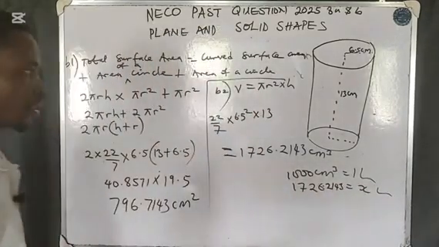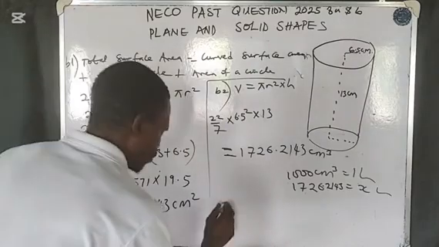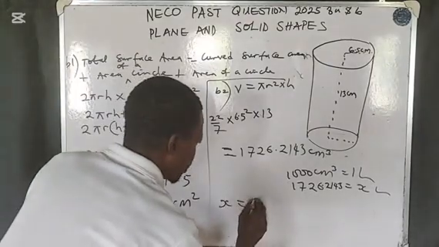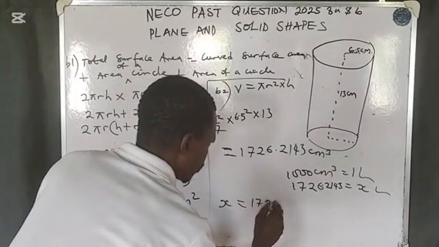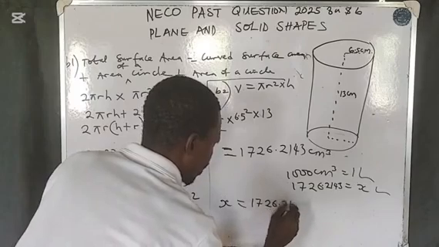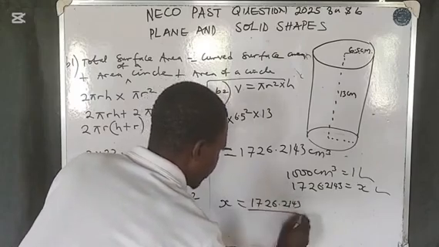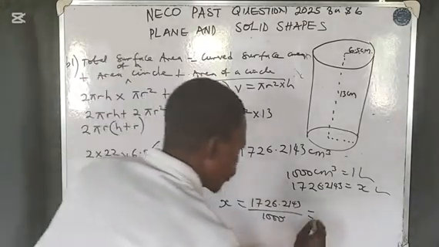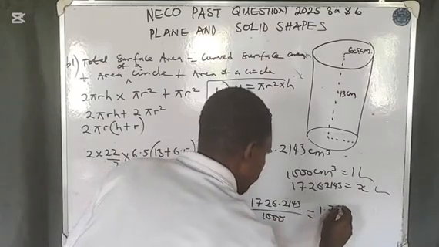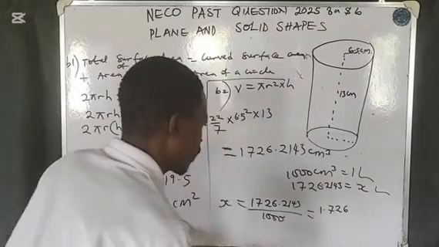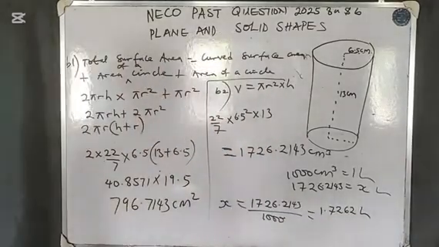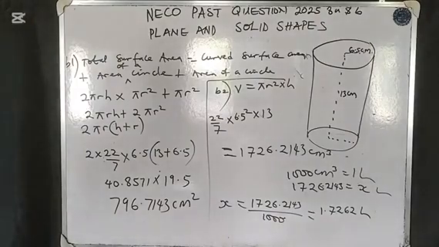By the time you cross multiply, you're going to have 1726.2143 divided by 1000. That will give you 1.72662 liter this time around, not centimeter cube again.